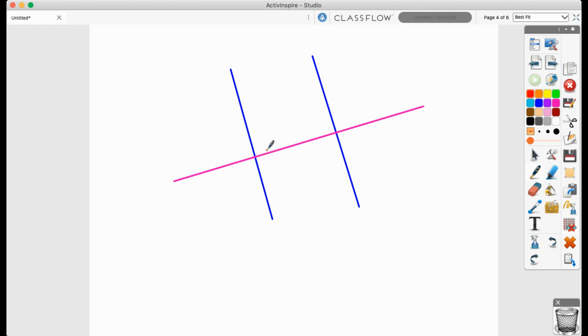Okay, so if I were to look at two angles on the interior, specifically these two angles right here, let's go with this angle, we'll call that A, and here we'll call this one B. So these two angles that are on the interior, they're going to be the same as long as they're on alternate sides of the transversal.